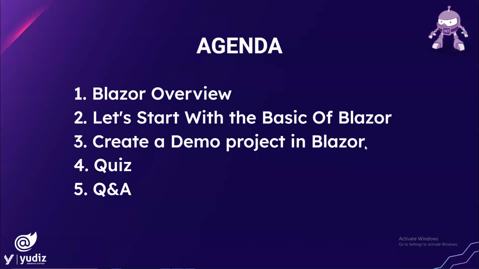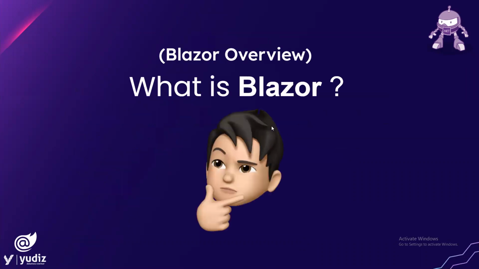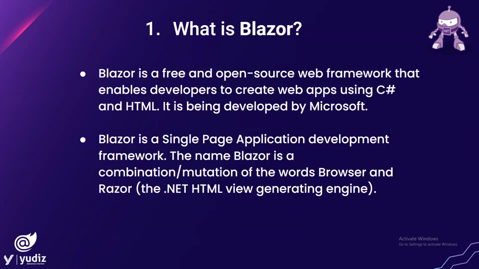So at first, we are starting with the Blazor overview. In the Blazor overview, our first topic is what is Blazor. So let's start. Anyone have an idea about Blazor? Okay. So Blazor is a free and open source web framework that enables developers to create web applications using C# and HTML.